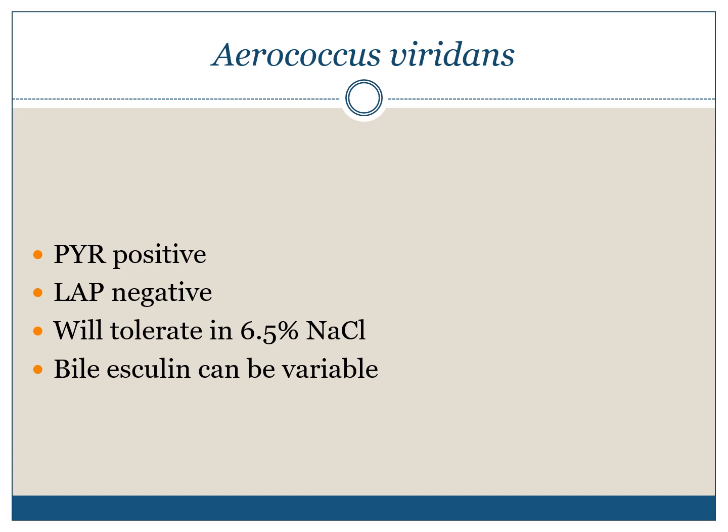Enterococcus, on the other hand, are LAP positive. That's the main reason why we use the LAP test, to differentiate enterococcus from enterococcus. So enterococcus is LAP negative and enterococcus are LAP positive. Enterococcus viridans will tolerate 6.5% salt, but the bile esculin can be variable depending on the species.